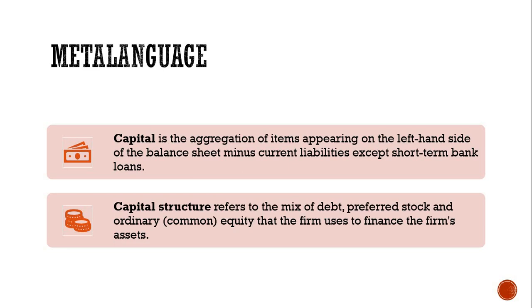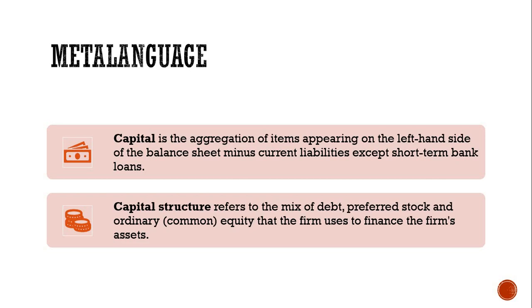Our understanding when we talk about capital is just assets minus liabilities, but in financial management, capital actually includes the long-term liabilities. For example, you borrow from a bank for financing. That is a long-term bank loan, right? So that is part of capital actually.